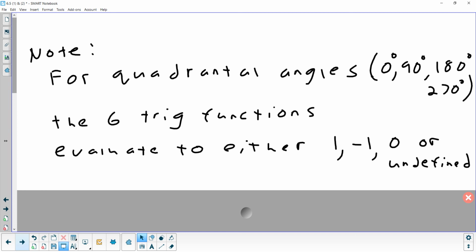But any other point, other than having a 0 in it, you can do the inverse trig that I showed. And we've done this before: trig functions of quadrantal angles come out to 1, -1, 0, or undefined. Any questions on that?